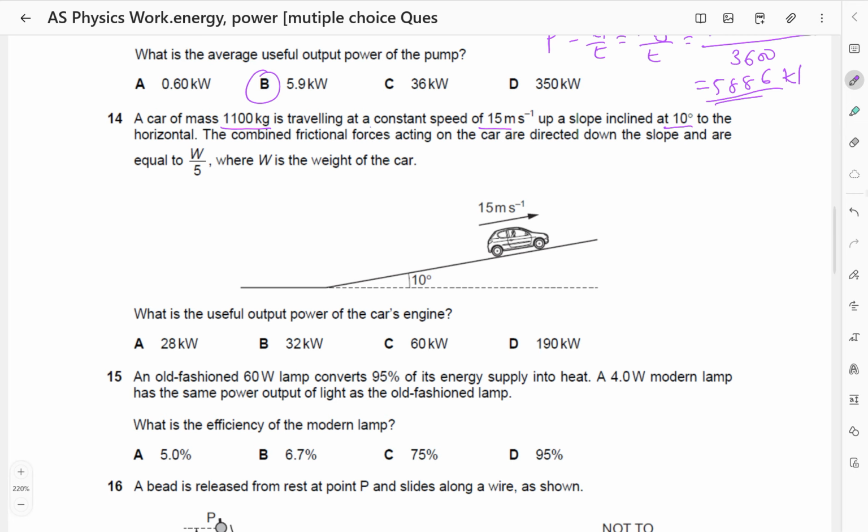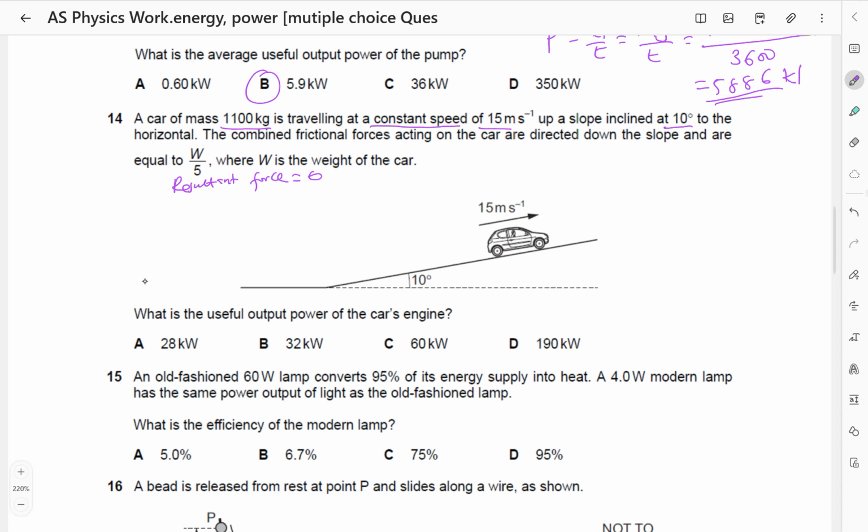Remember, it is traveling at a constant speed, meaning the resultant force is 0. So the resultant force equals 0. So what does that mean? If the resultant force is equal to 0, then we can simply find the driving force.